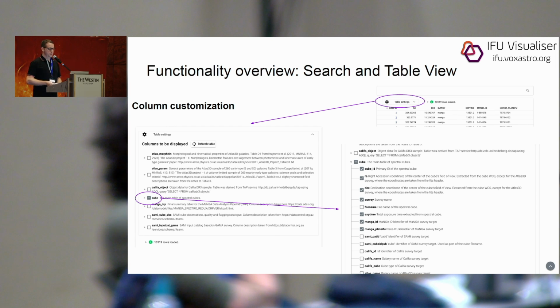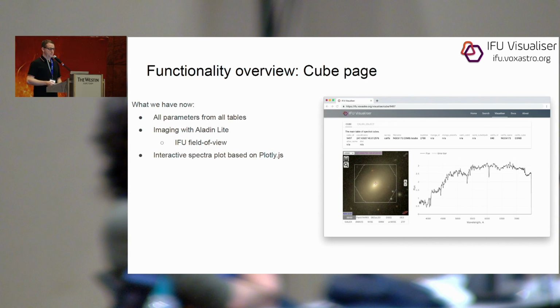Expanding each table, you will see a list of the columns, and by clicking on different columns, you can customize which columns will be presented in a fully interactive table, which is sortable and scrollable.